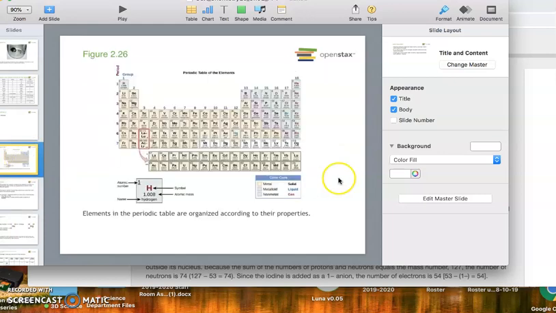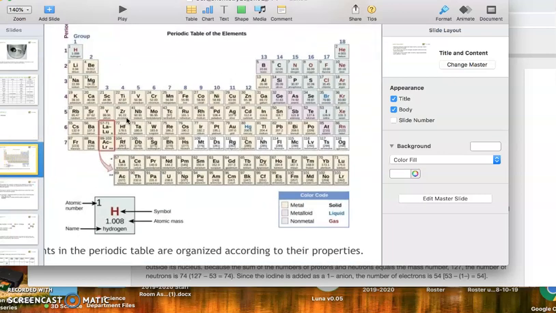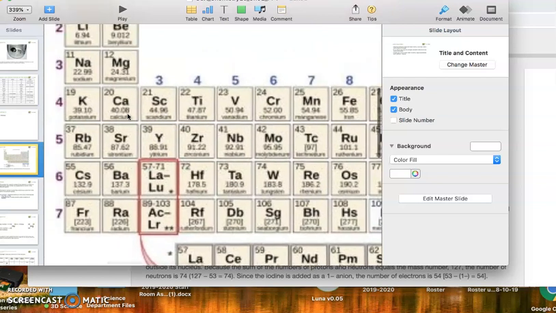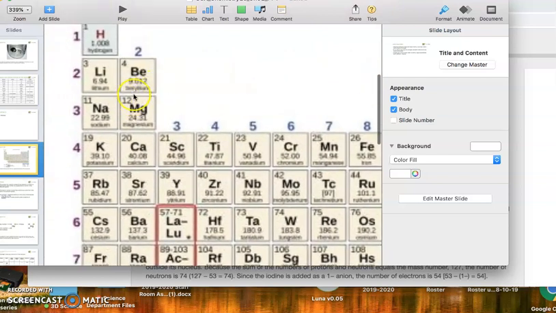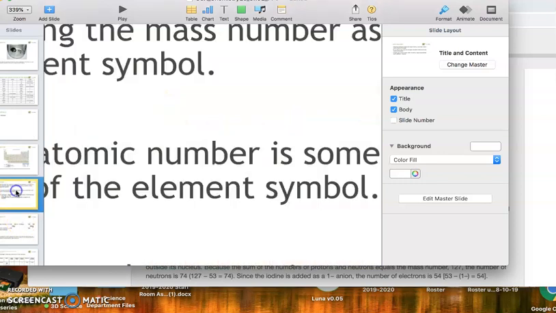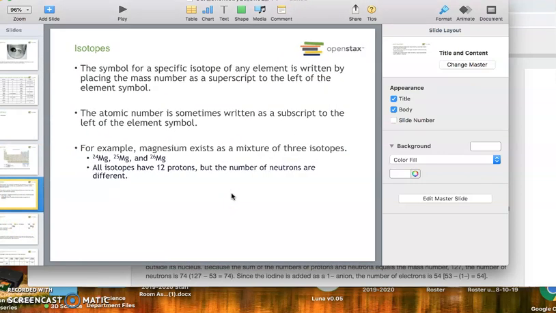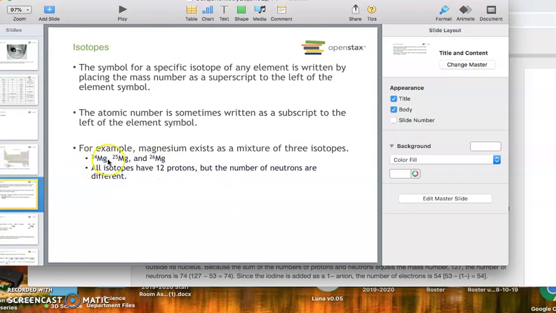So if I were to do that here, I would go back to my periodic table, zoom in, and look for my atomic number here for magnesium, which would be 12. So the atomic number for these magnesium isotopes would all be 12, indicating there are 12 protons.